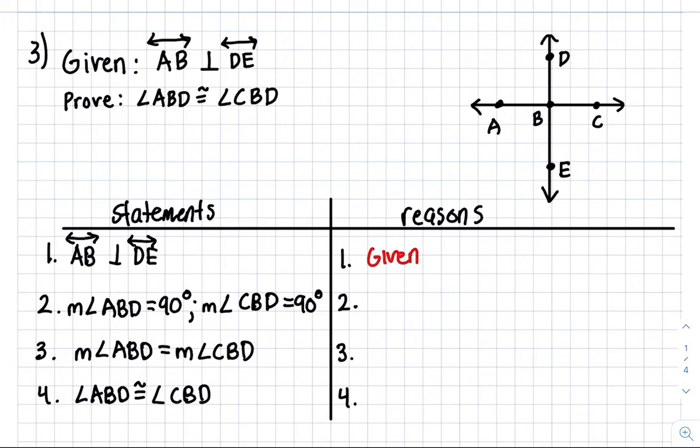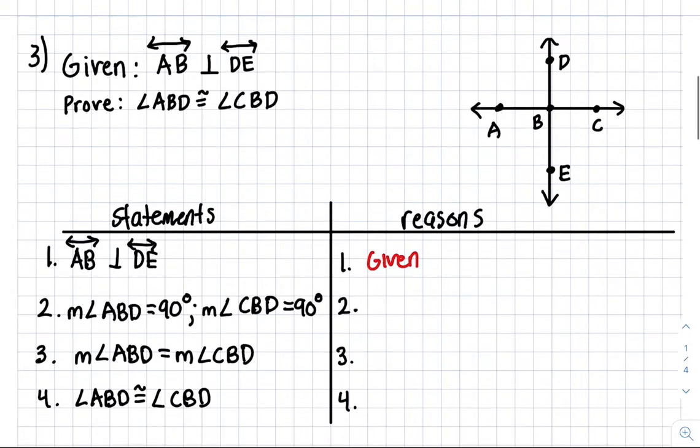The next line, measure of angle ABD is equal to 90, and measure of angle CBD is also 90. Well, why can we say those statements? Because in the first statement we have that they're perpendicular. And you guys know if they're perpendicular, then it's two lines that intersect to form 90-degree angles. So, this is definition of perpendicular lines.